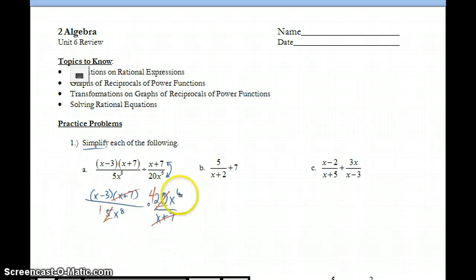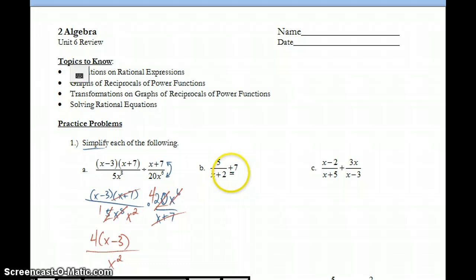That means I have 6 x's multiplying in the numerator and 8 x's multiplying in the denominator. These 6 are going to go away, leaving behind the 2 in the denominator that don't cancel. So what's left behind? Well, on the top in the numerator, I've got x minus 3, gone, a 4, and nothing else. And in the denominator, all that's left is x squared.